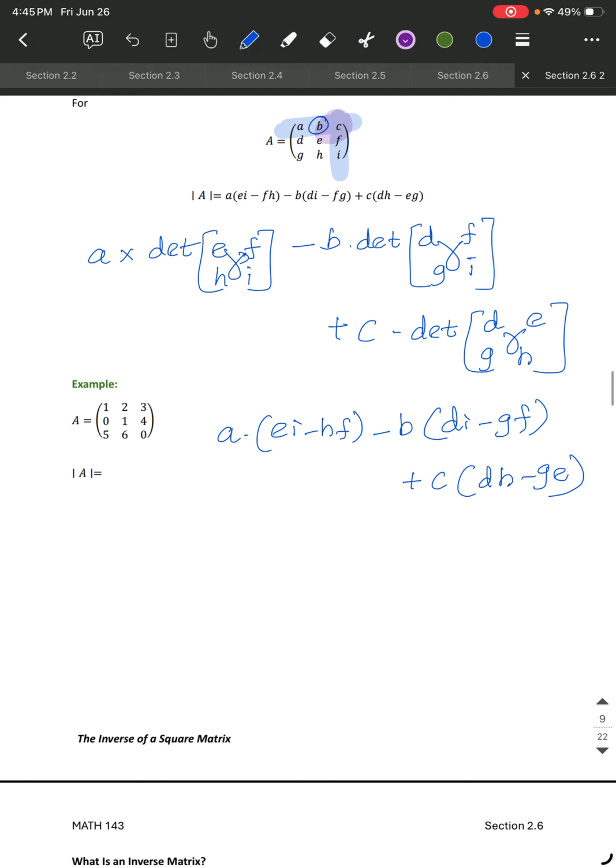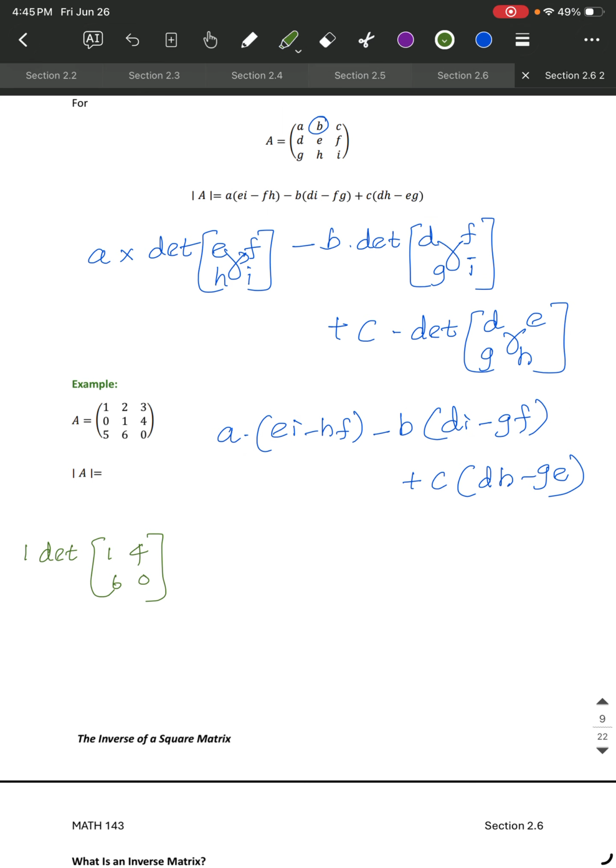Okay, let's see the example here. So please make sure to pause the video and try to understand the steps. Okay. First we have the first entry here: 1 times determinant of 1, 4, 6, 0.